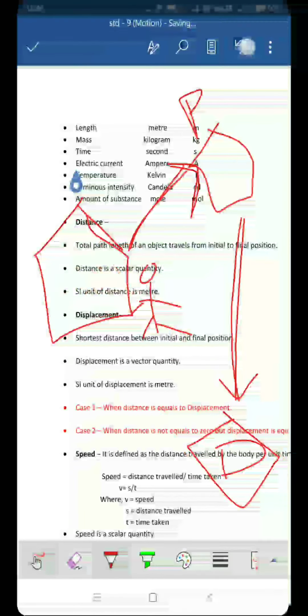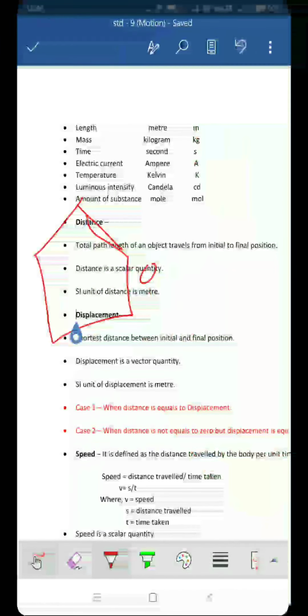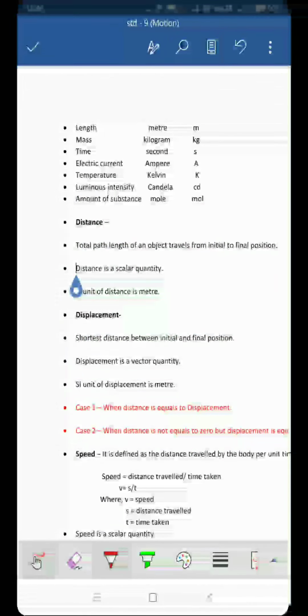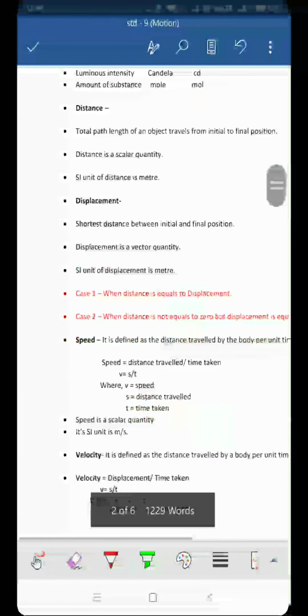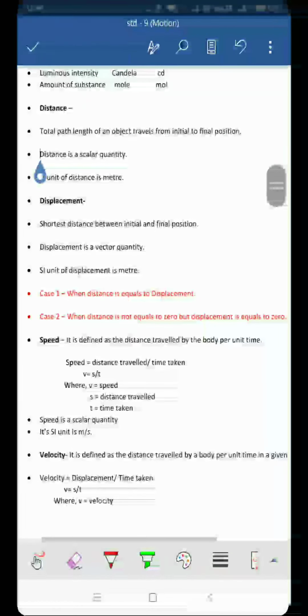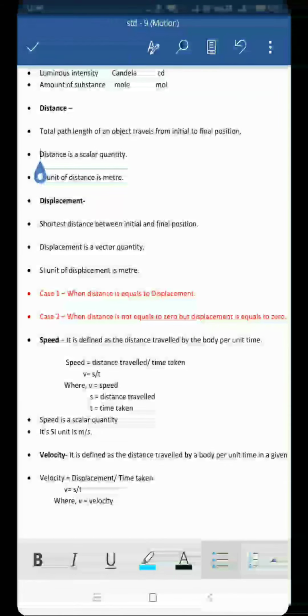Now we have two more cases. Case 1 when distance is equal to displacement, and case 2 when distance is not equal to 0 but displacement is equal to 0, right? So now let us take an example again.